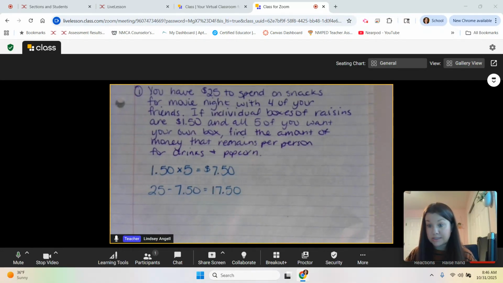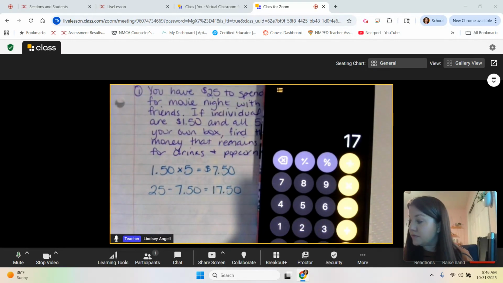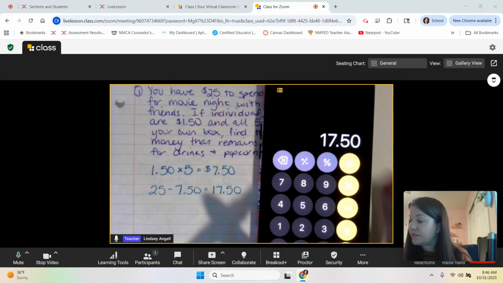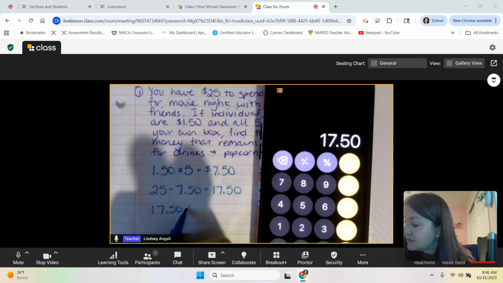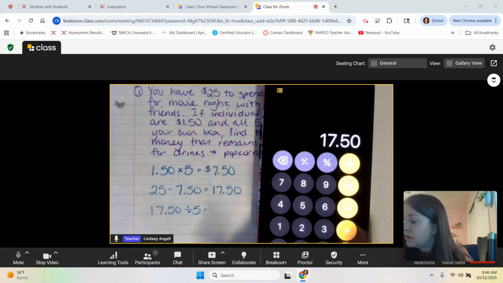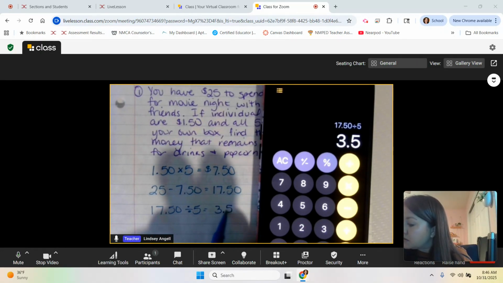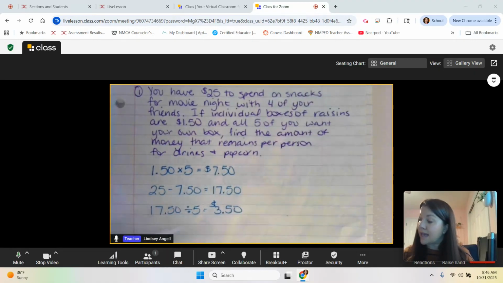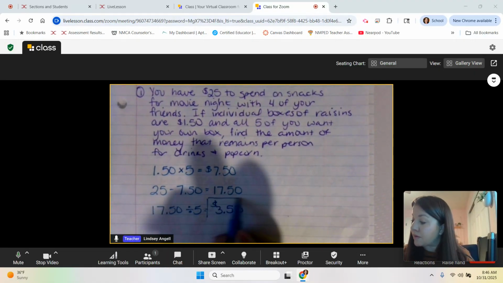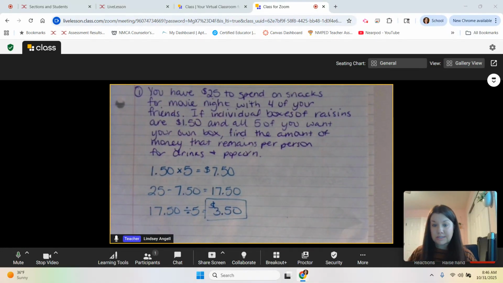This must be a really discounted movie theater because these days it costs a lot more than that. Oops, I shouldn't have deleted that. All right, $17.50. So that's our total, $17.50 divided among 5 people, divided by 5. That gives us $3.50. So what that tells me is that each person would have $3.50 to spend on popcorn and drink.